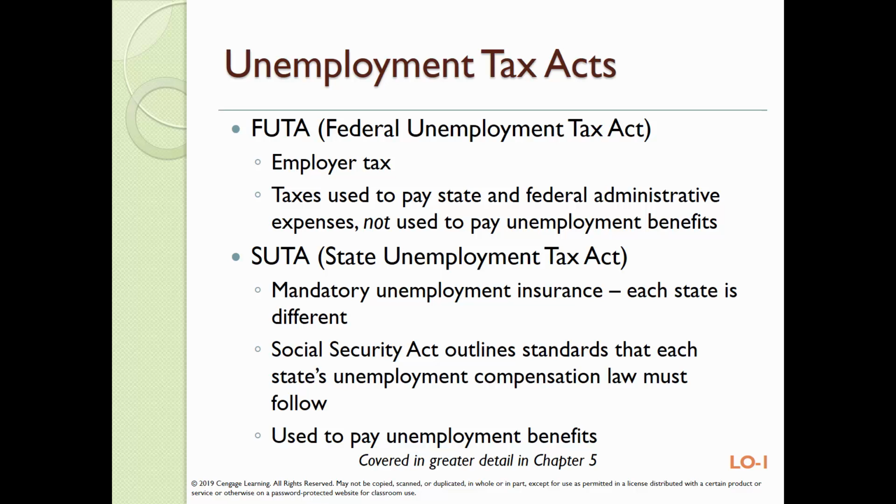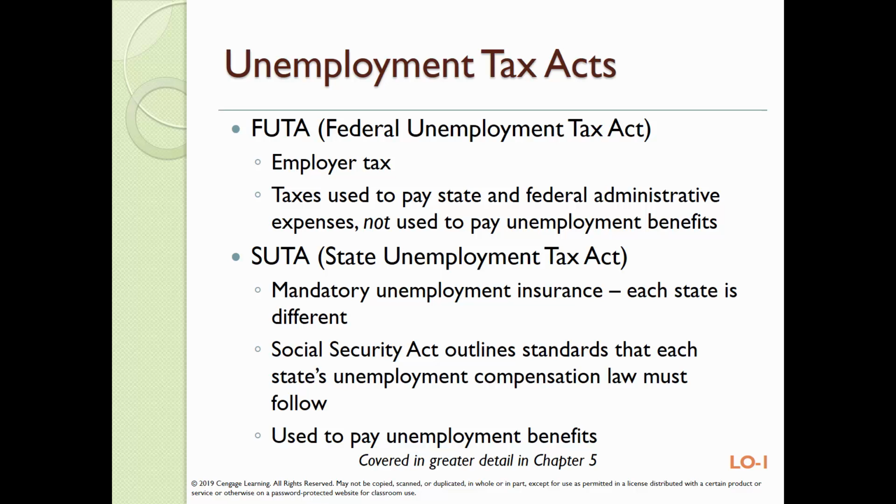So for as much as people hate government, many of us rely on it, again, for a social safety net, right? And then SUTA is different in every state. Montana's state unemployment laws look very different from Idaho's, look different from North Dakota's. There's different rates, different caps, different benefit amounts.